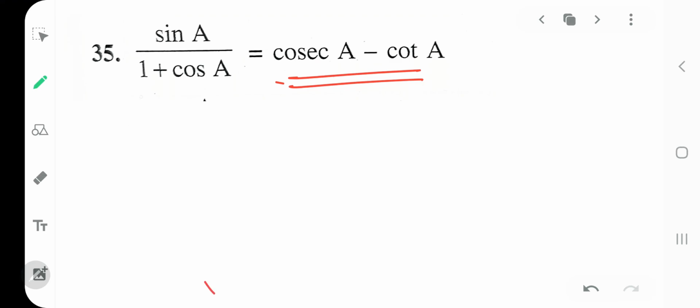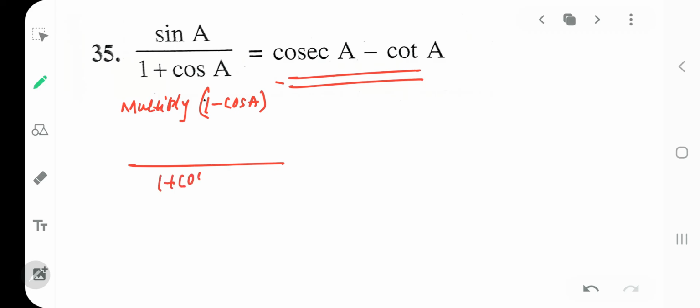So in that case, to the left hand side, I will multiply 1 minus cos A. So here to the left hand side you already have 1 plus cos A, and above you have sin A. I am multiplying 1 minus cos A to the denominator as well as to the numerator.